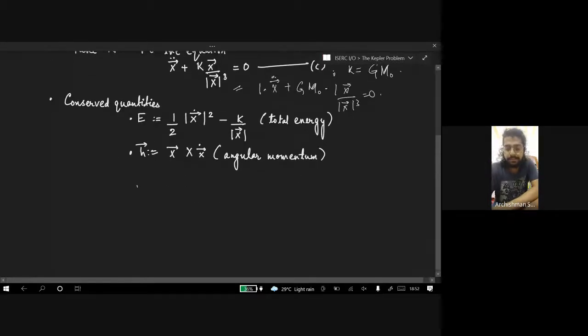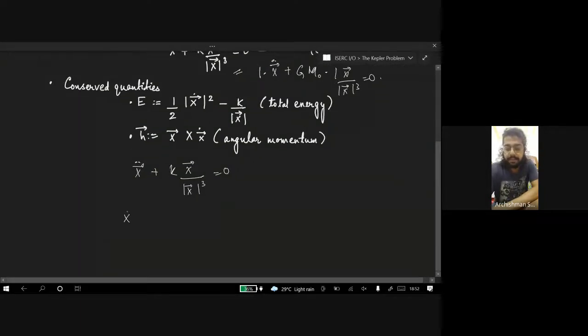So you have this equation, and then what I'm going to do is take the dot product on both sides with x dot.